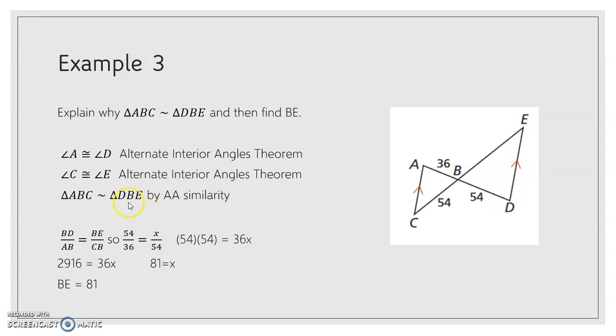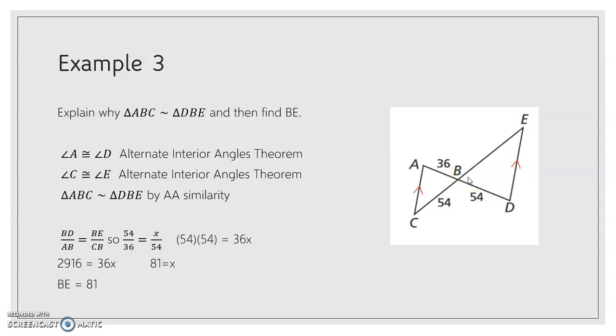So I know that these 2 triangles are similar by angle-angle similarity. Now another option there is to use the vertical angles here, angle ABC and angle DBE. So those are also congruent, but we only need 2 pairs, so I don't even need to say that.